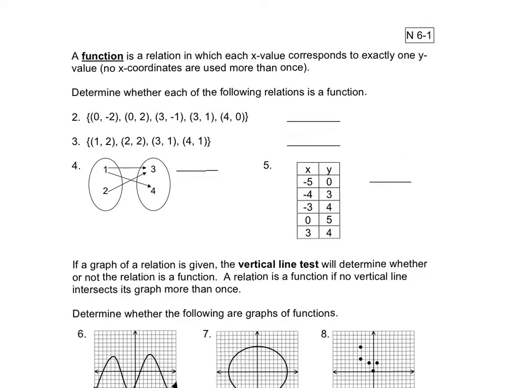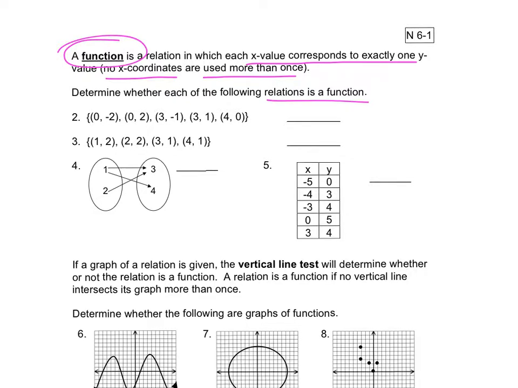Okay, on the next part, we're going to talk about a function. A function is a relation, which we just went over as a set of ordered pairs, in which each X value corresponds to exactly one Y value, which means no X coordinates are used more than once. Determine whether each of the following relations is a function. All right, so all of the X's have to be different.